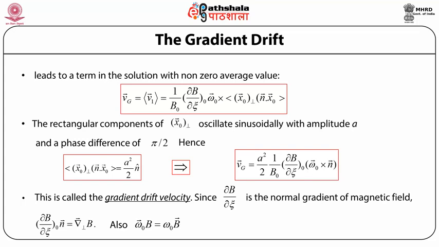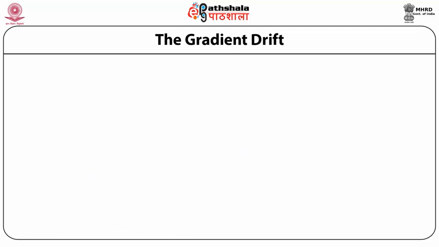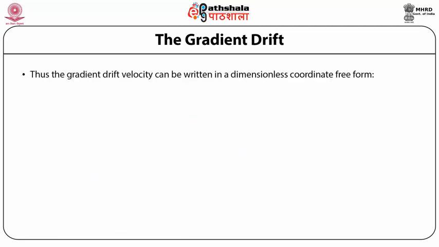Also, ω₀ and B being parallel, ω₀B = ω₀ times the vector B. Thus, the gradient drift velocity can be written in a dimensionless coordinate-free form: Vg/(ω_B A) = (A/2B²) B × ∇⊥B.